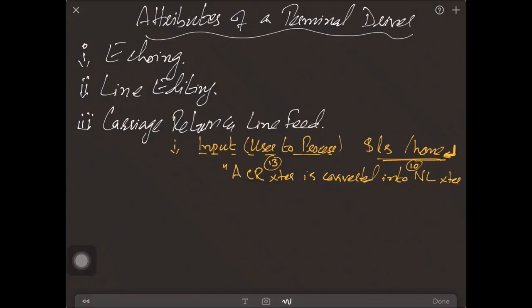So once a user presses enter, instead of a carriage return at the end, the new line character is sent to the process.